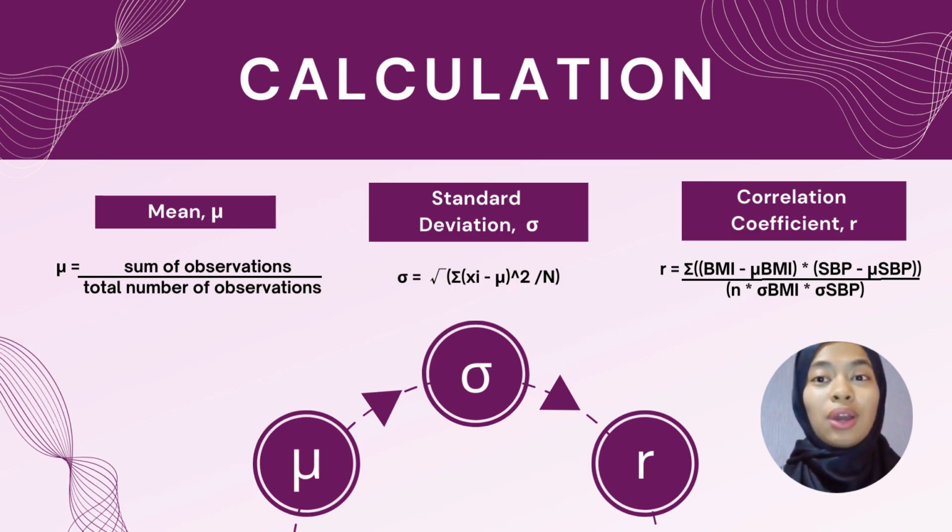To find the correlation coefficient, first we must find the mean for both data, which is BMI and blood pressure. After we get the mean, we find the standard deviation. After we get the values for both data, we substitute them into the correlation coefficient formula.